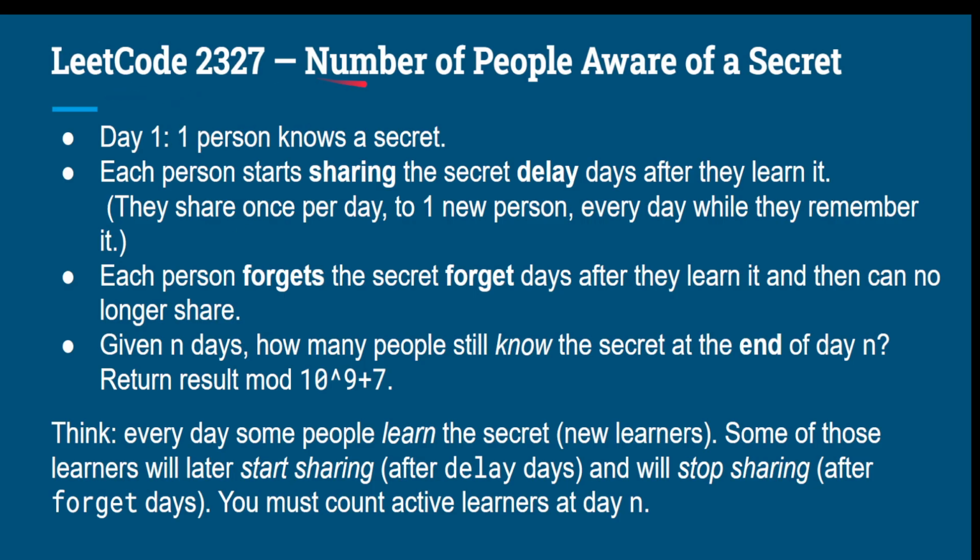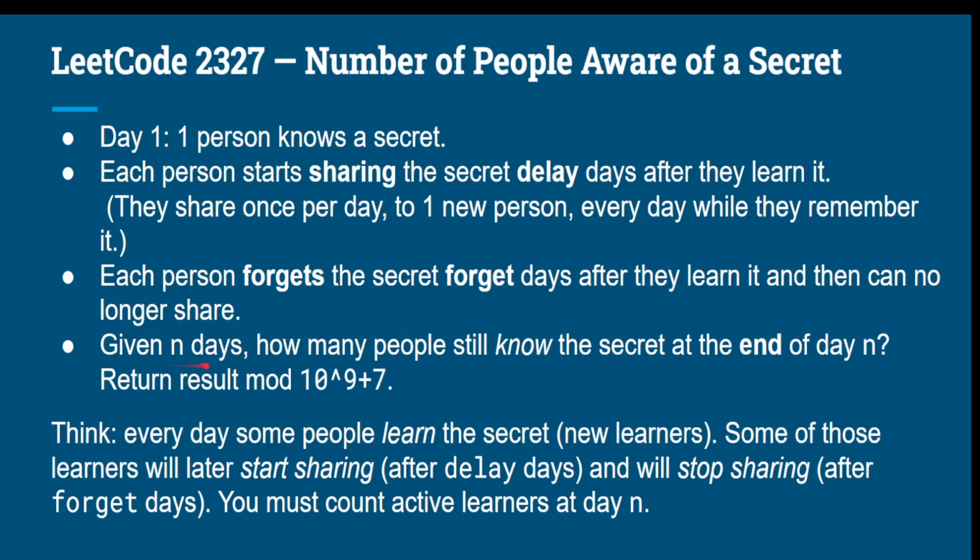So very first, the question is about the number of people aware of the secret. On day 1, one person knows a secret, and each person starts sharing the secret after a delay once they learn it. They share with one new person each day while they remember it. Each person forgets the secret after forget days from when they learn it, and can no longer share it.